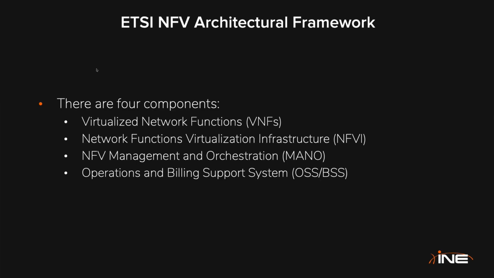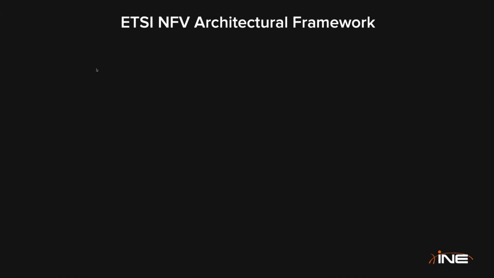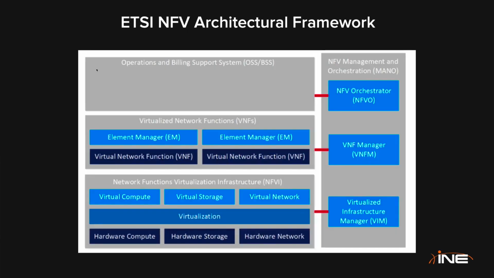So let's look at the overview of all these four components and how they fit in with each other. So here is a high-level overview of what the ETSI framework talks about. Like I said, there are four components to this framework.